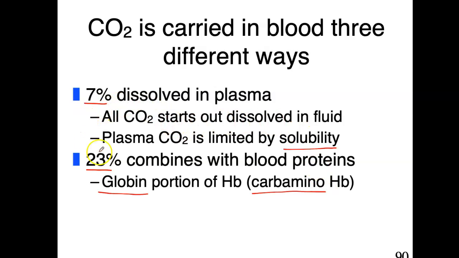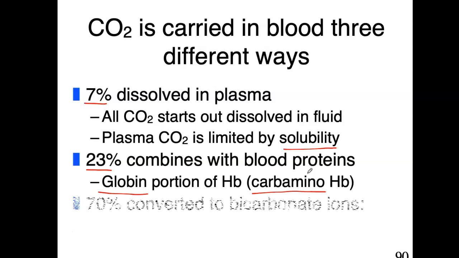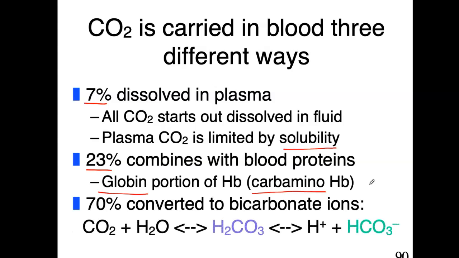If we add dissolved and on the globin, where does the last 70% go? Is it not soluble in the plasma? The hemoglobin is already full, so where do we put it? Well, 70% is going to be converted to that bicarbonate ion from the formula that I showed you. And here it is again. If I had CO2 accumulating in the body, I combine it with water, I make carbonic acid.